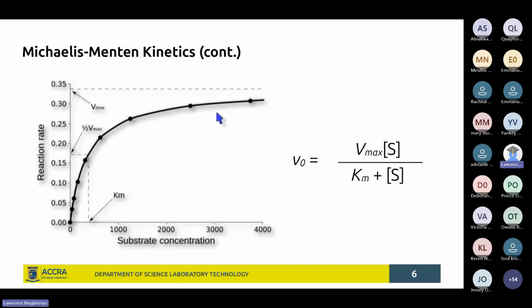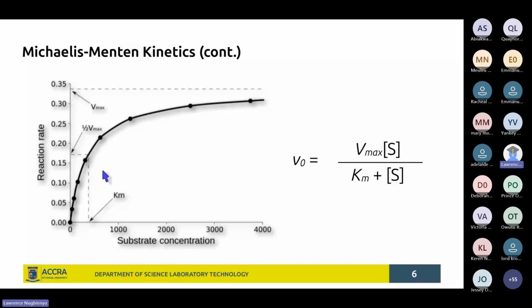So this is the most accurate, where actually this equation, if you just take a tangent of this curve, and you remember the equation of a straight line, represented in the form of y equals ax plus b, where y is the rate of reaction and a is the slope or the gradient of that tangent which you have taken of this curve, and b is the intersection of the line with the y-axis.